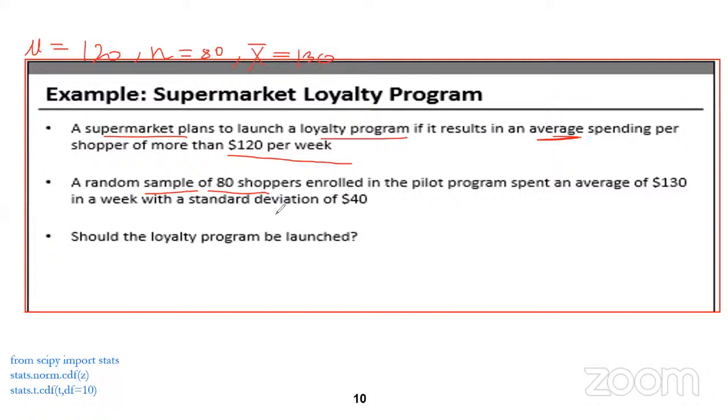And then the standard deviation of the sample data is $40. So I'll consider the sample standard deviation as s, which is equal to $40. Now we want to take a decision: should the loyalty program be launched or should we not launch it?